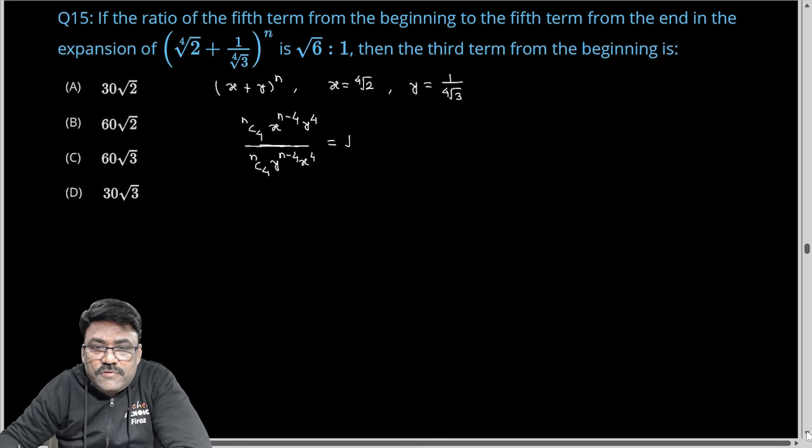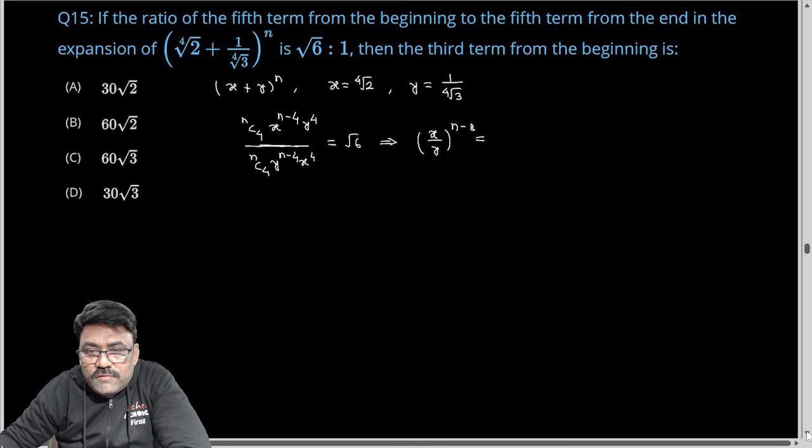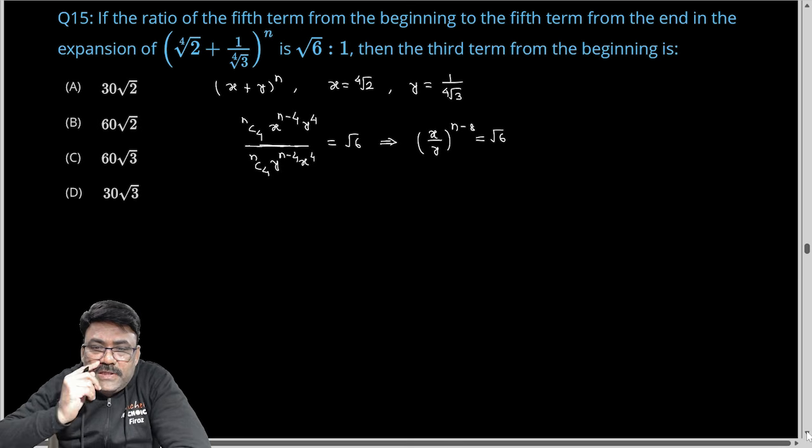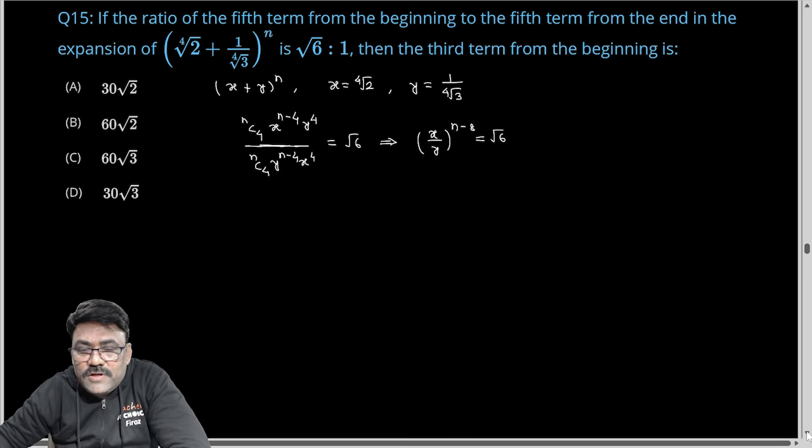And this ratio is given as root 6. NC4 cancels. So you are getting x over y raised to n minus 8 equal to root 6. Now what is x over y?